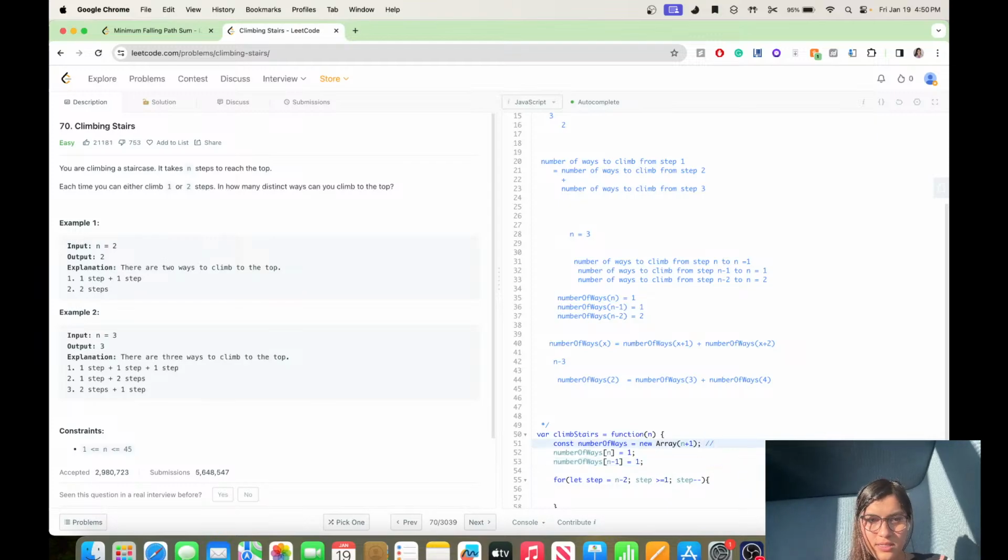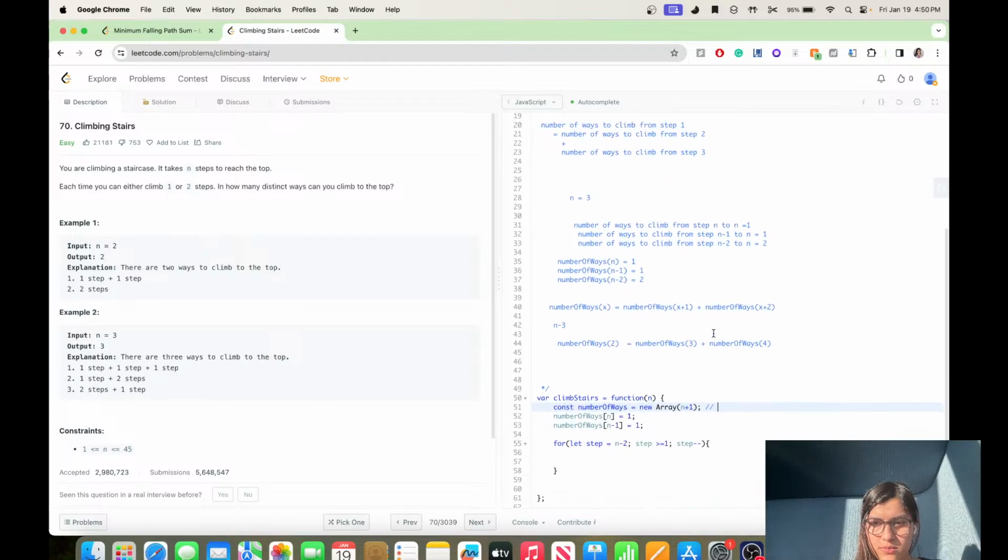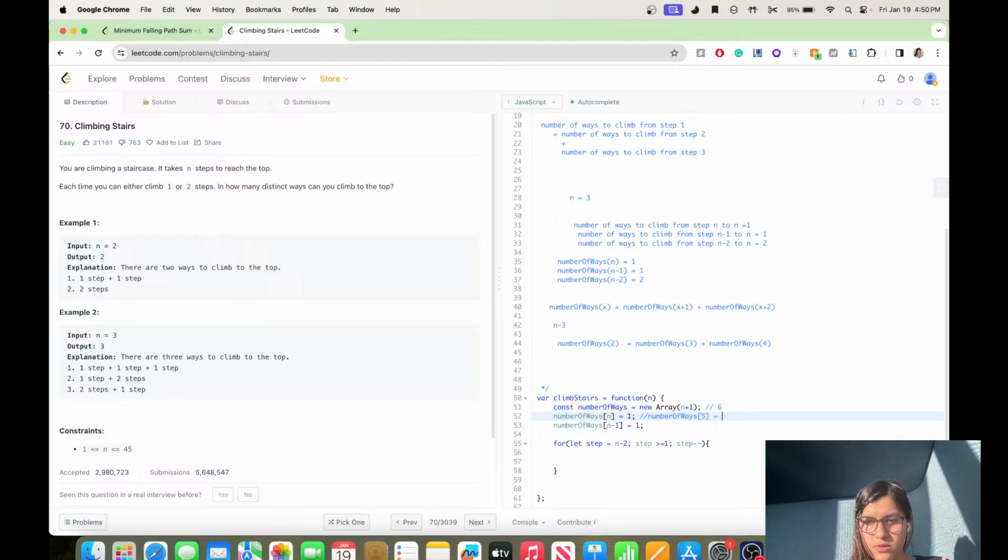So suppose the length is 5, then the total length will be 6, and because this is an array, number of ways 5 will be equal to 1 in this case, and number of ways 4 is also 1, right?